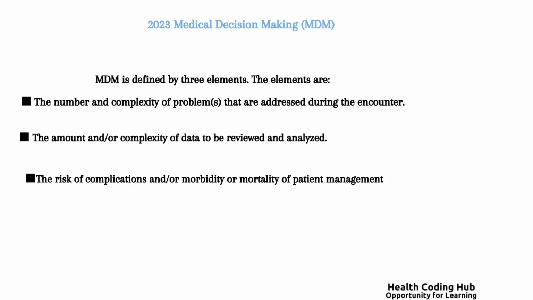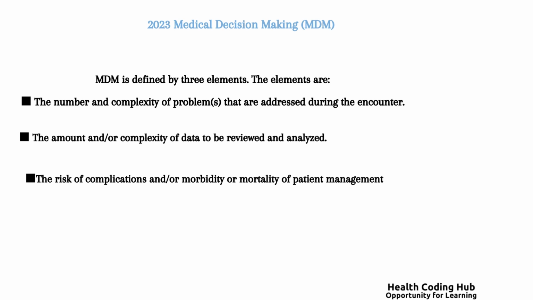MDM includes establishing a diagnosis, assessing the status of a condition, and/or selecting a management option. MDM is defined by three elements. The first is the number and complexity of problems addressed during the encounter. The second is the amount and complexity of data to be reviewed and analyzed.